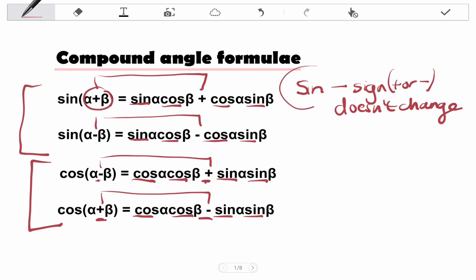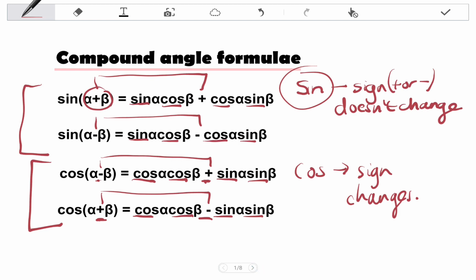So whereas for sine the signs don't change, for cos the sign changes. The more you study these and pick up these differences, the more familiar you will become with these compound angle formulae, and the easier it will be to apply them.